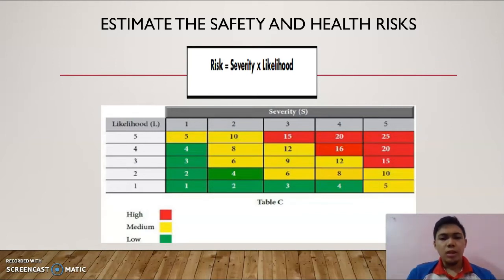Risk can be calculated using the following formula: risk equals severity times likelihood. So this table is about the severity and likelihood. Severity is harm to health, damage to property and environment, or a combination of the above. And likelihood will be determined based on statistics and data or professional judgment. That's all. Thank you.